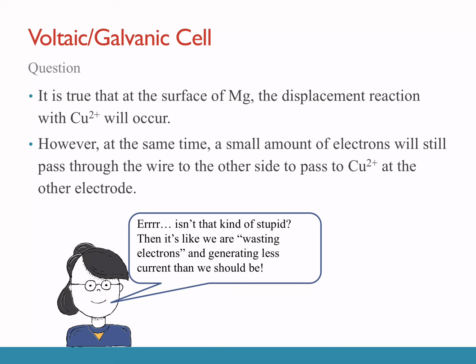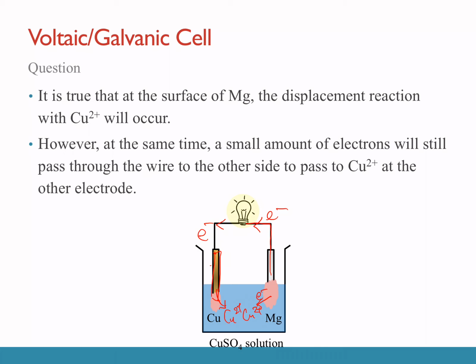Therefore, don't you think it's kind of stupid? It's like you're wasting electrons and you're generating less current than we should be. Because current is about the flow of electrons, right? So if there's more electron flowing by per second, then there's more current, we can do more work. But here, some of the electrons are directly given to the solution here. So these electrons are not passing through the wires.